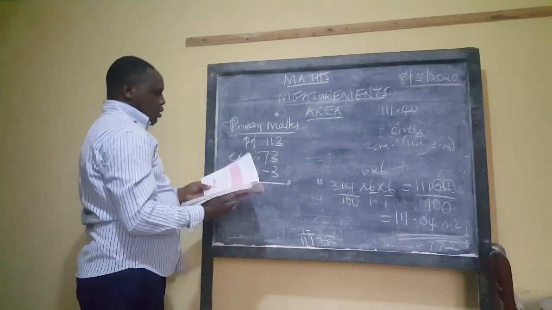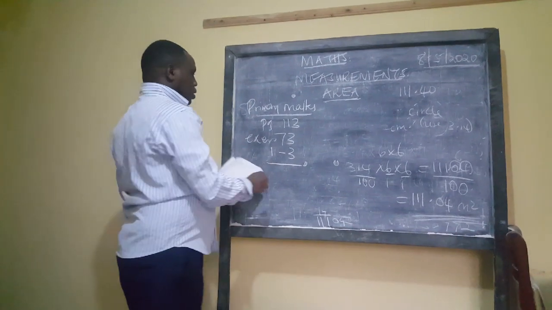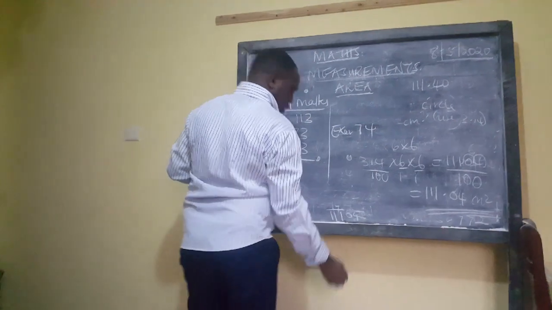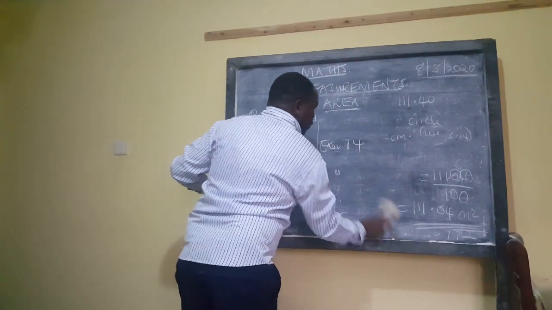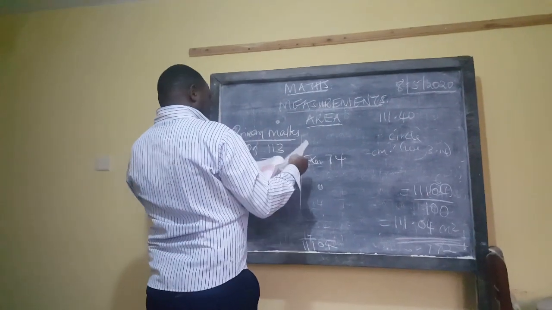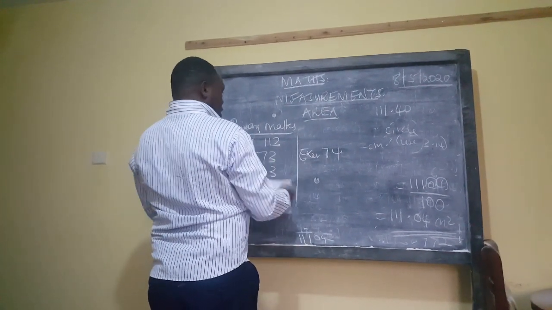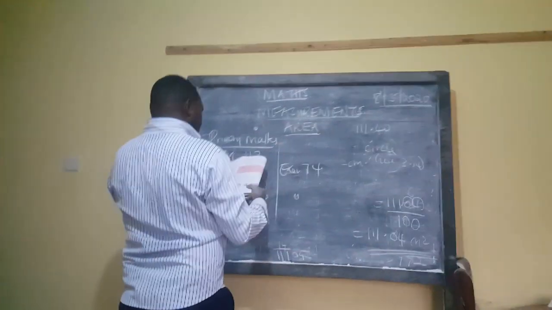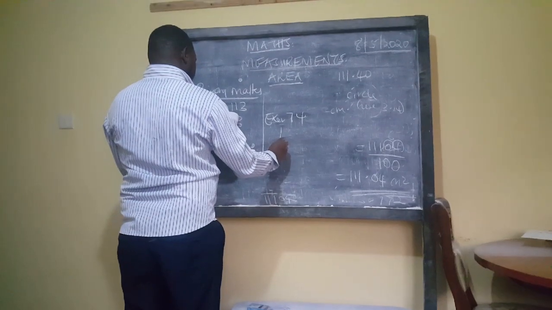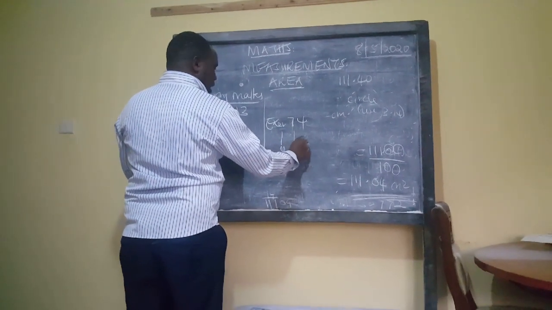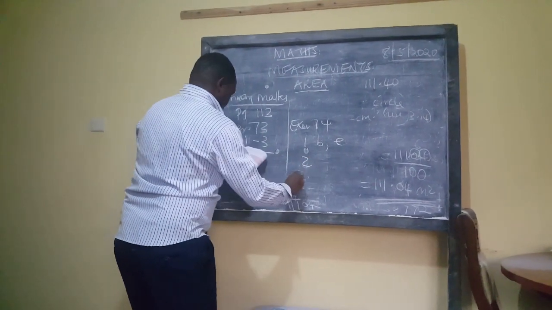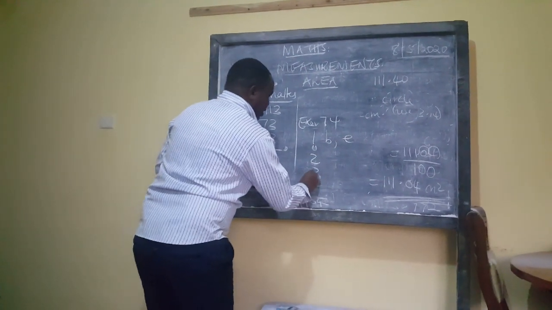Kindly attempt those questions, and then exercise 74 in the following page. You are going to attempt a few questions also where you are using pi 3.14. So you are going to attempt question number 1, B and E, then question number 2 and question number 3.